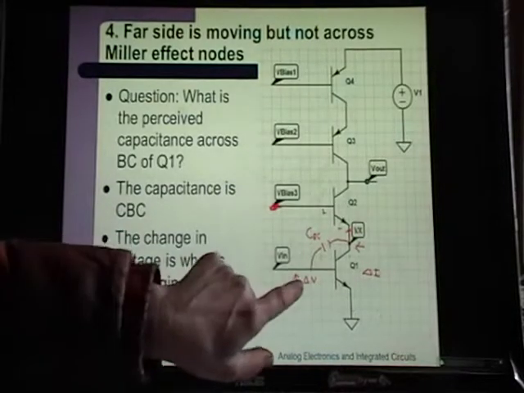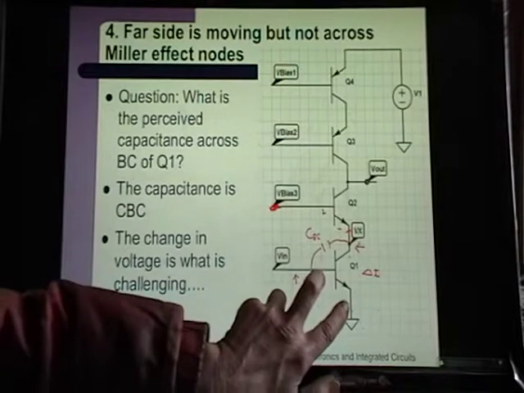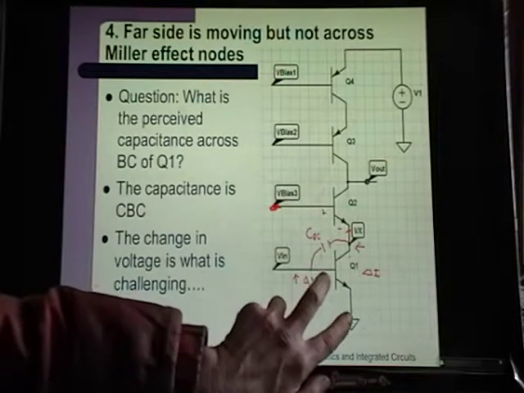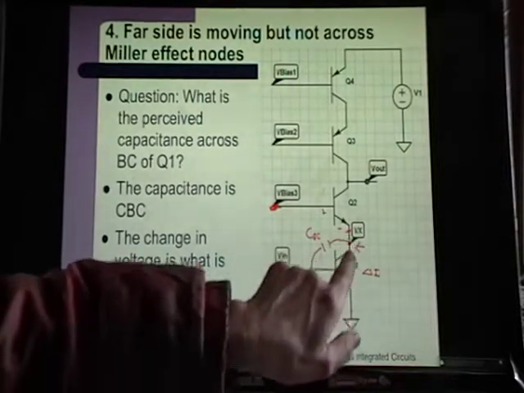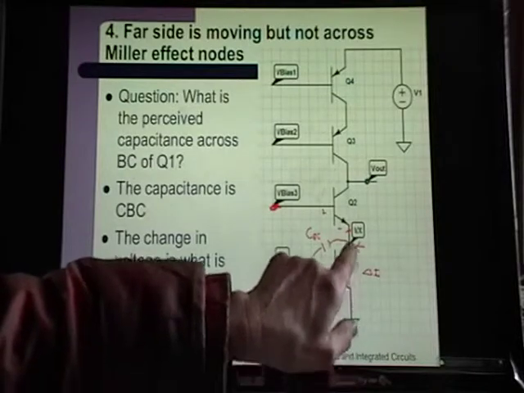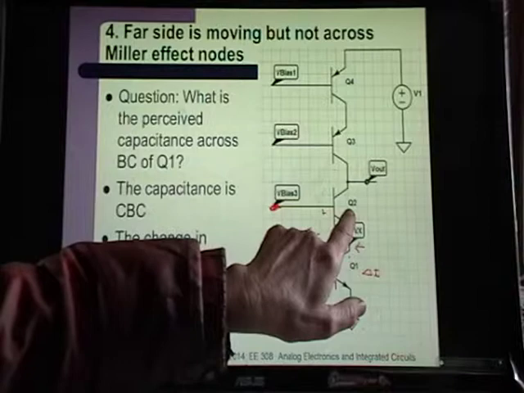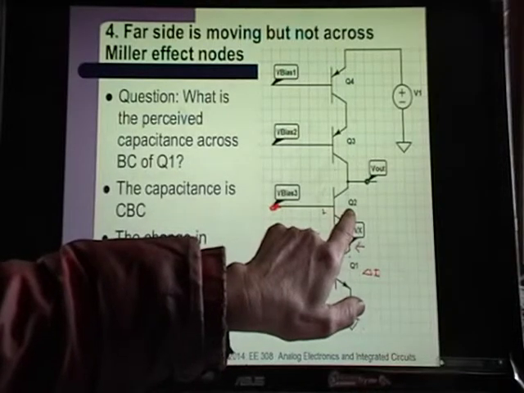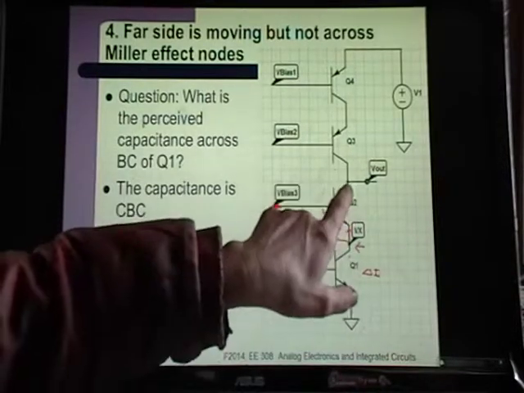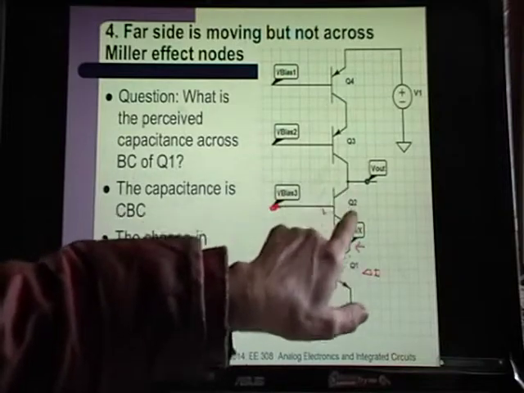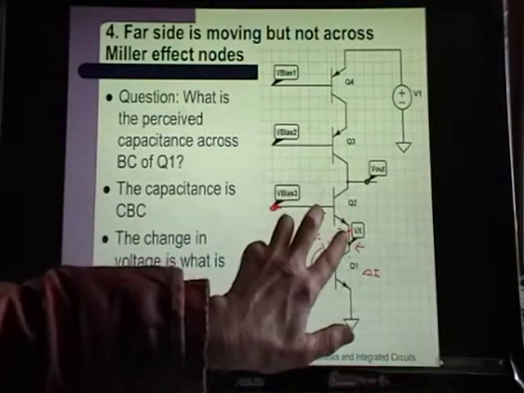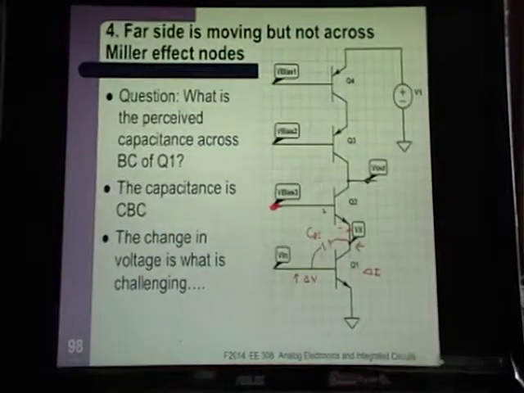So if you change this by delta V, you just change the VBE of this transistor by delta V, that's going to cause a change in current through here. If there's a change in current through here, there's a change in current through here. If you ignore base width modulation and assume these are all identical, if you change the current through there, you need to have the same change in VBE on the second transistor.